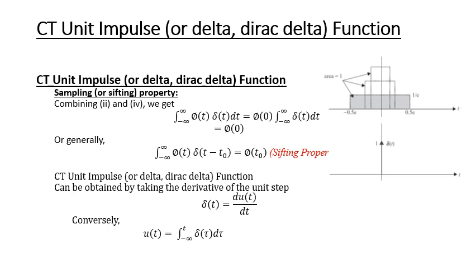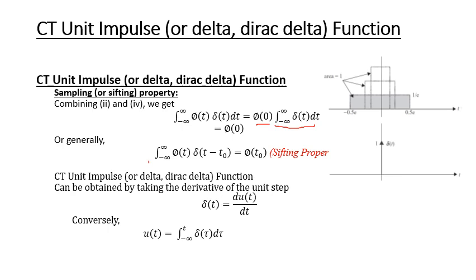Right, so the relationship between the step function and the continuous time impulse function. Again, from the previous discussion, we have this expression. Integration of this from minus infinity up to infinity will result in this, and because by definition the integration of the impulse function from minus infinity to infinity results in 1, multiplication by 1 equals this.